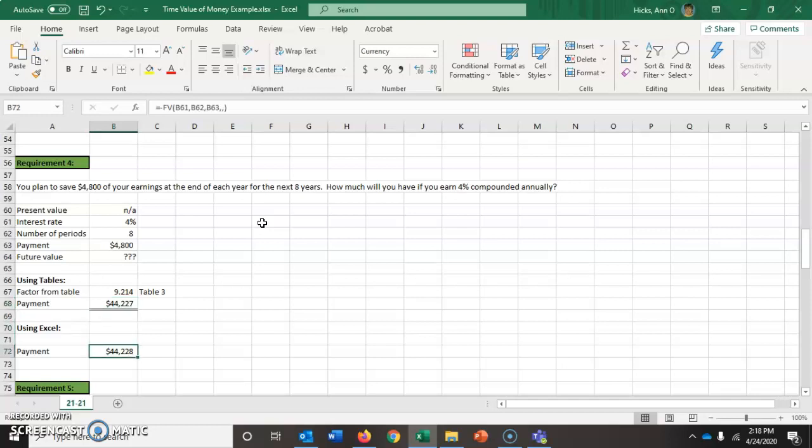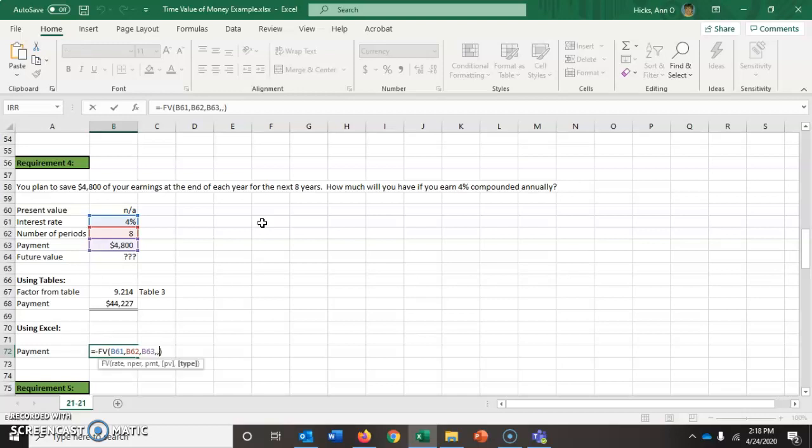And again, we can do this using Excel. In determining what formula to use for Excel, look at what you're solving for. In this case, yes, we have a payment, but we're solving for the future value. So that is going to be the formula we'll use.